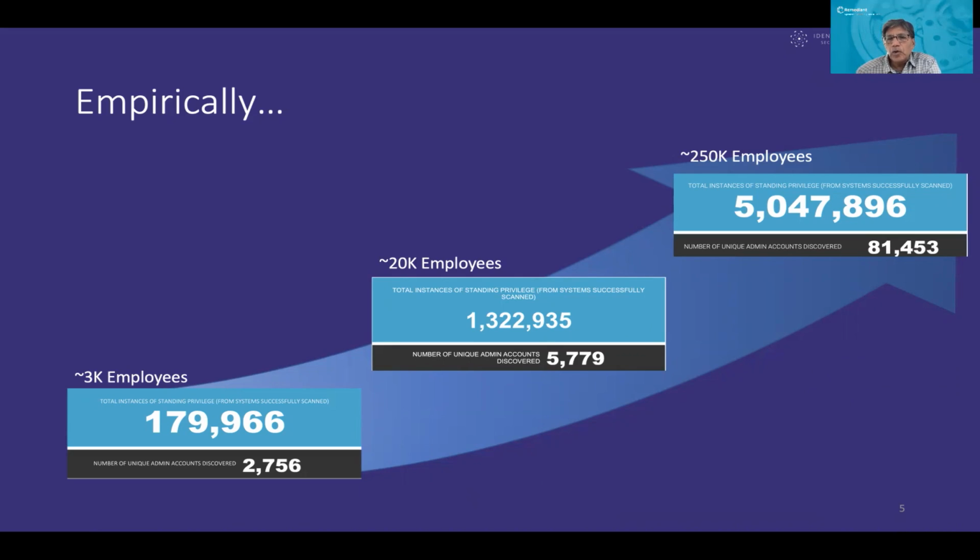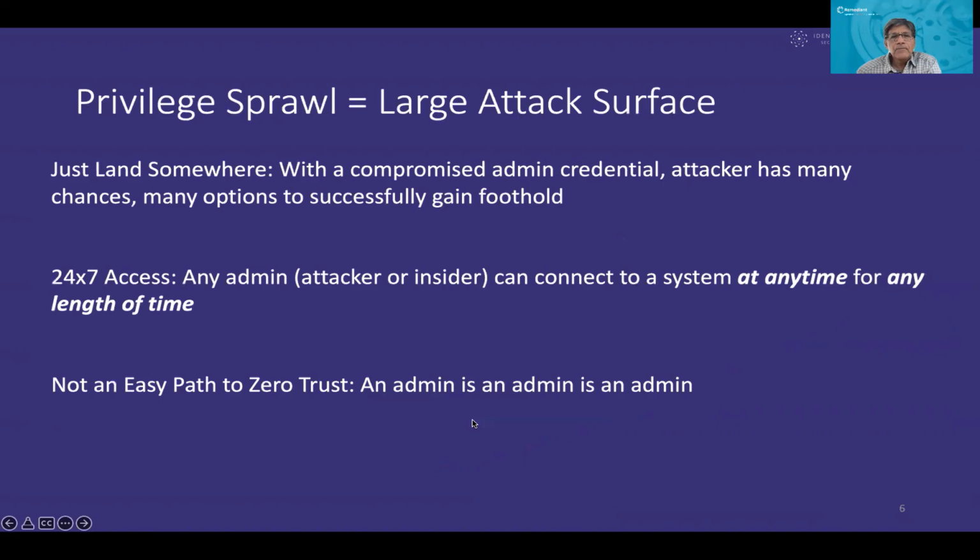And they have 1.3 million instances. So these are 1.3 million logins available to these about 6,000 admins across the infrastructure, right? Just think about that. If you look at this as an attack surface, for any credential that gets compromised, this is the kind of coverage: up to 1.3 million potential opportunities that an attacker has, with some number of admin credentials, to take control of this particular environment, right?